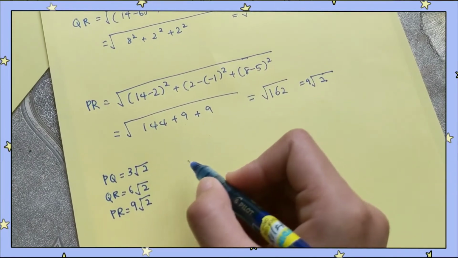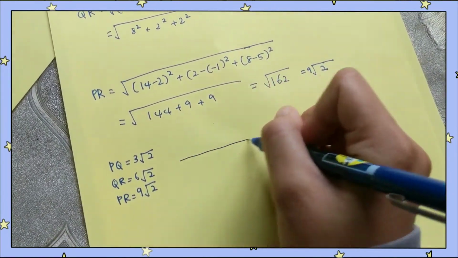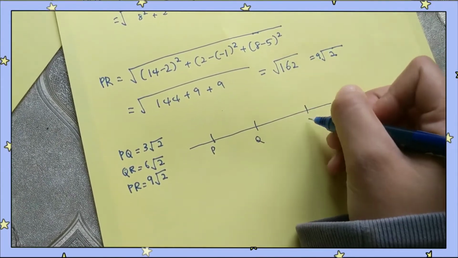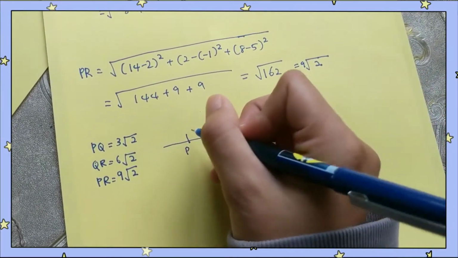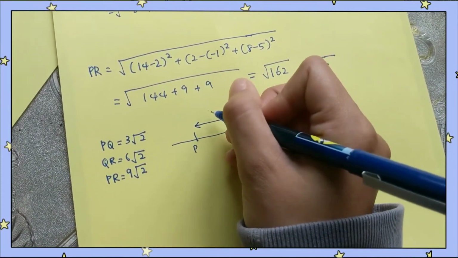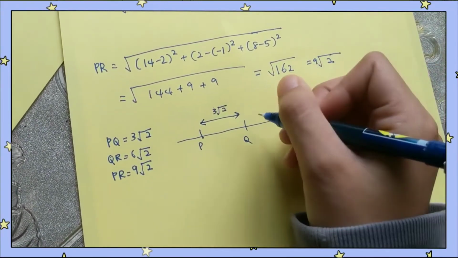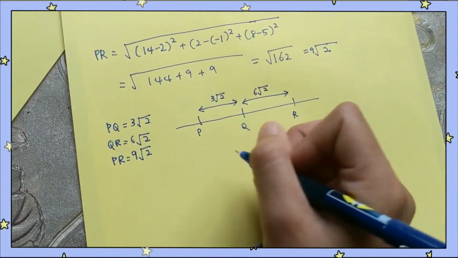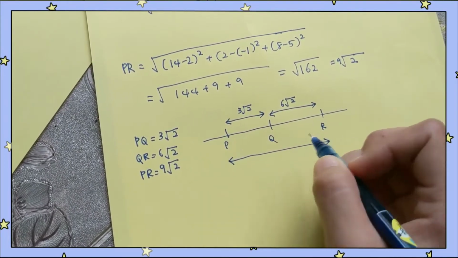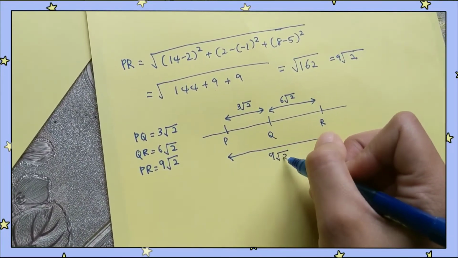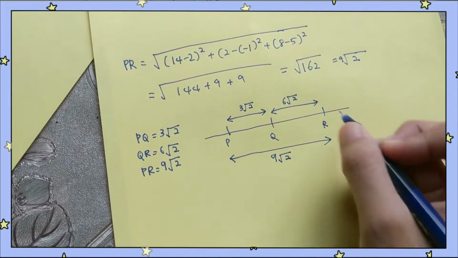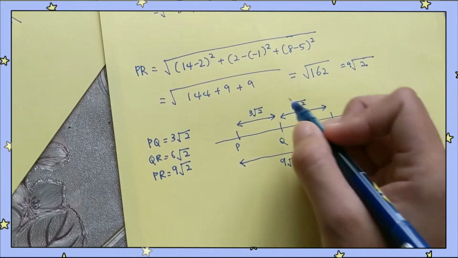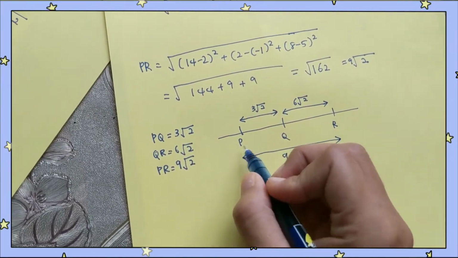Okay, to show that this is collinear, imagine it is in the same line. P, Q, R. So we got the distance between P and Q, which is 3 square root 2, and the distance between Q and R is 6 square root 2. So we got the distance between P and R, which is 9 square root 2. To prove that this is collinear, we need to add up the distance between PQ and QR. Is it the same as the distance between P and R?